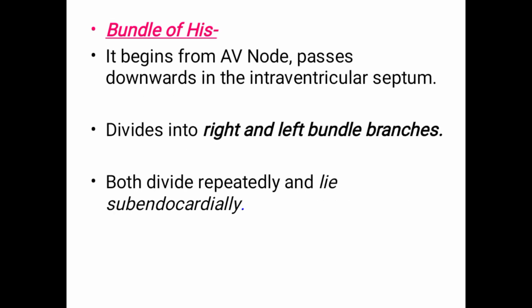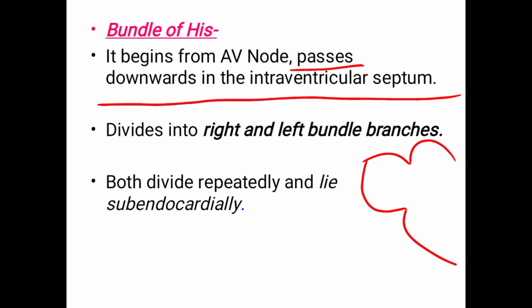Next comes the bundle of His. It begins from the AV node and passes downwards in the interventricular septum. As I showed in the diagram, this is the atria, this is the ventricles, and this part is called the bundle of His.